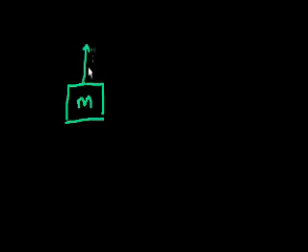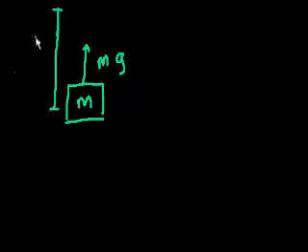Let's say I have a different situation, and we're on this planet, we're not in deep space, and I have a mass of m, and I were to apply a force. Let's say the force that I apply is equal to mass times the acceleration of gravity. Mass times, let's just call that g, right? 9.8 meters per second squared. And I were to apply this force for a distance of d, upwards, or instead of d, let's say h for height.